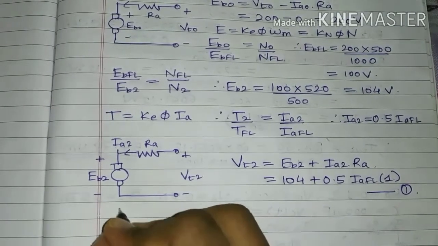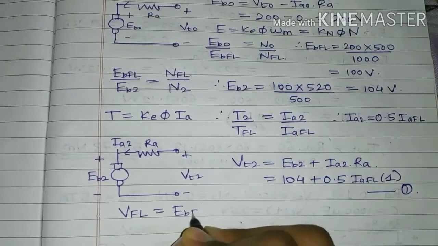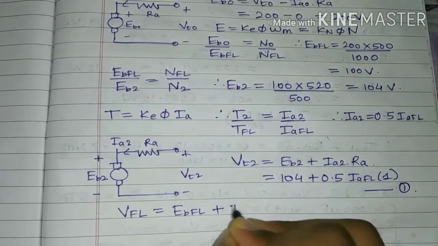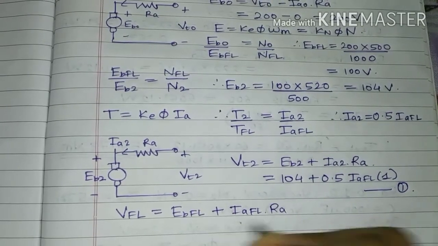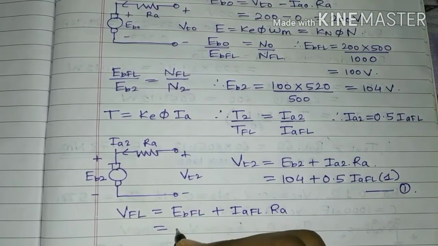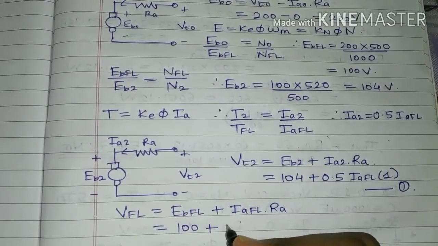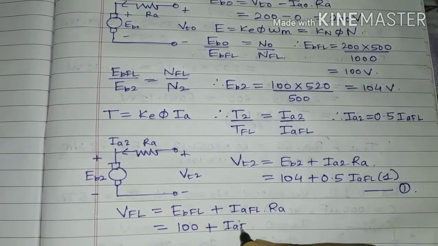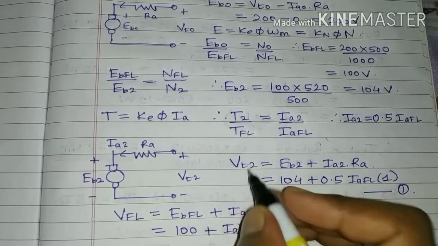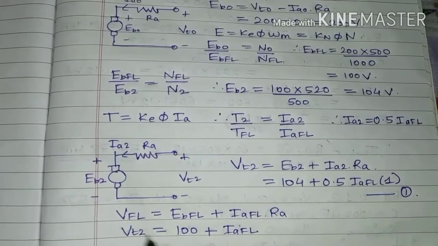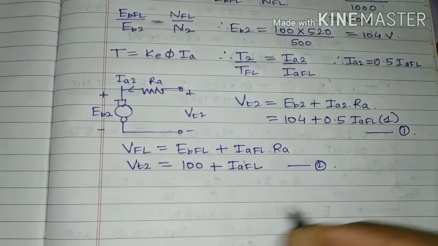Let's name this as equation number 1. Now similarly VFL will be equal to EBFL plus IAFL into RA, which is equal to 100 plus IAFL into 1. Since it is already given in the question that VFL is equal to VT2, instead of VFL I can put here VT2, and let us name this as equation number 2.